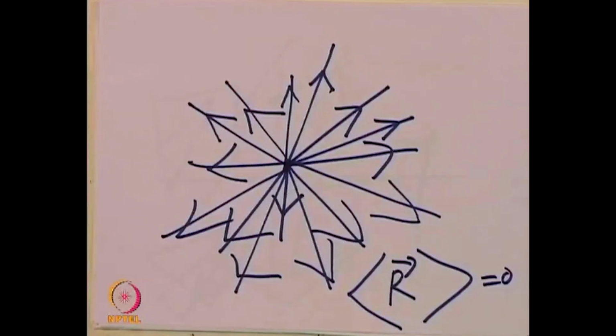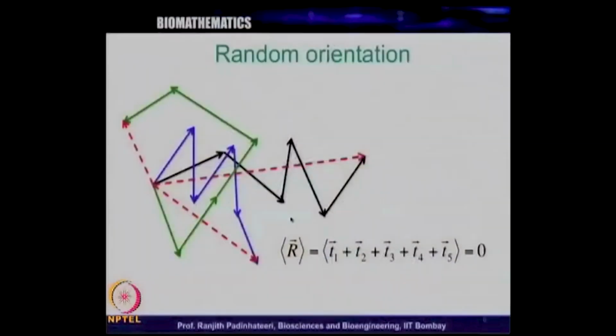So, this r is defined as, the end to end distance r, as you see here in the slide, T1 plus T2 plus T3 plus T4 plus T5. So, this average is equal to 0. What does this angular bracket average mean?